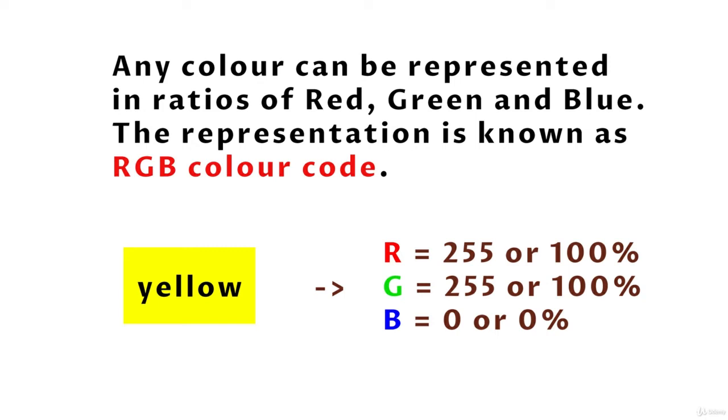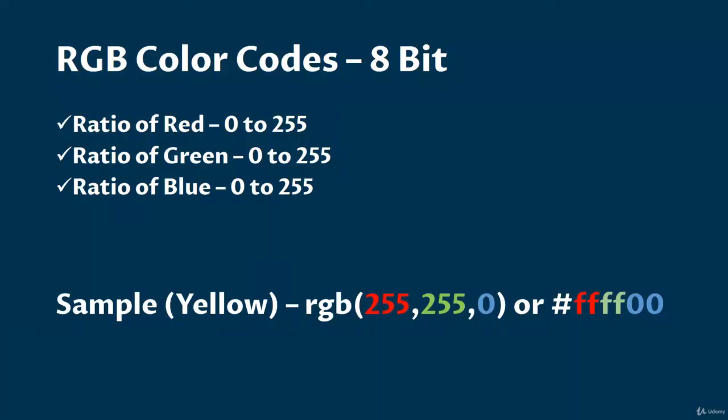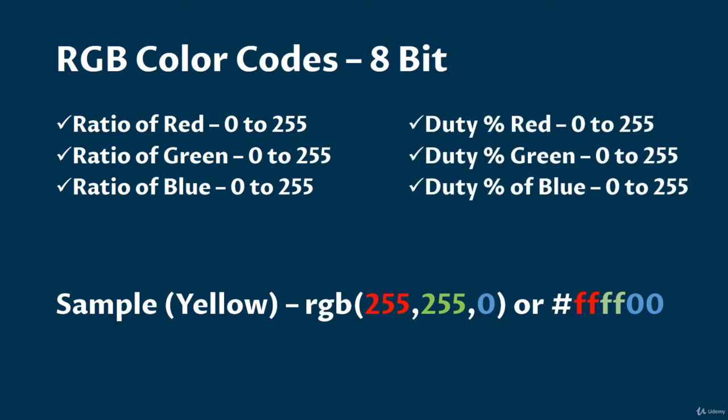See, I'm giving you an example. Suppose yellow. In yellow, the red should be 100%, the green should be 100%, but blue is not present inside that yellow color. So if you combine red and green together, then you will get yellow color.